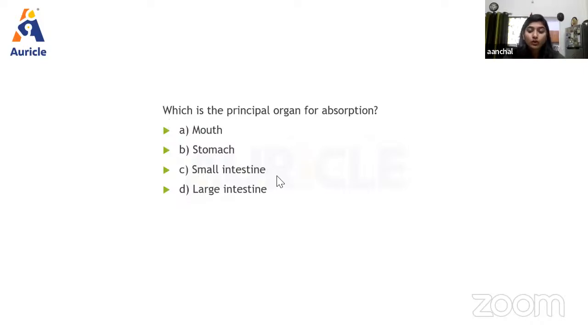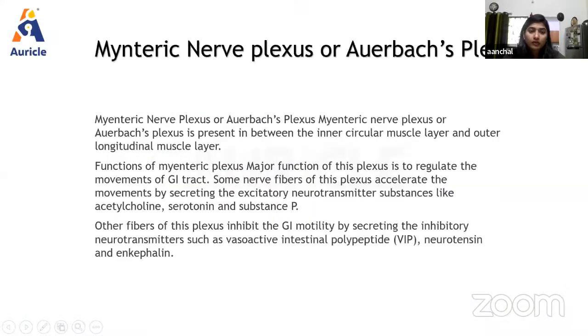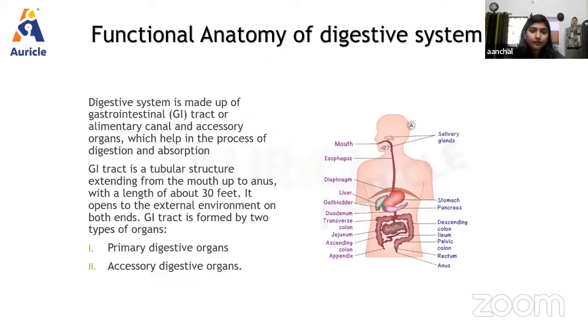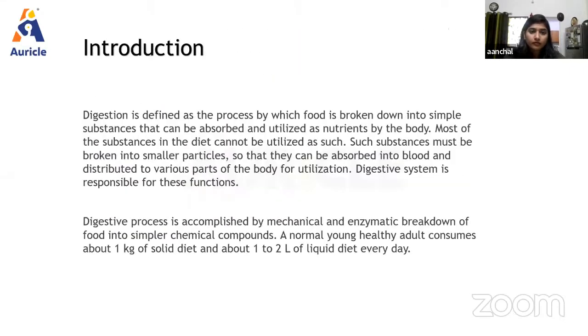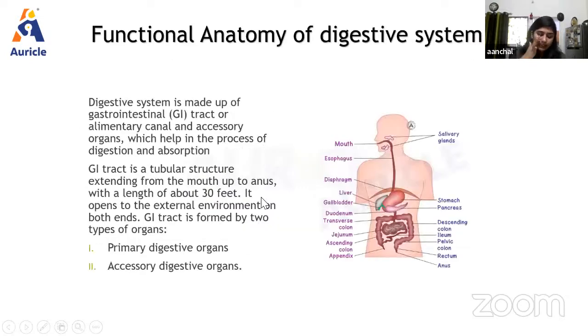Okay, so now I'm going to give you a very quick revision of introduction to GIT. Basically, as we know, from the mouth, the chewed food mixes with saliva and passes to the pharynx and then into the esophagus, which is a 25 centimeter long fibromuscular tube lined with mucous membrane.